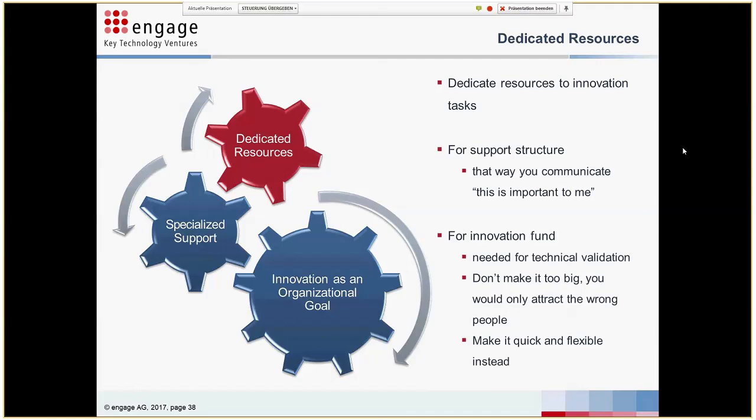And if you give scientists too much money at once, you attract the wrong people. If someone is really innovative and wants to step forward with his or her innovation, they will accept this. They take a small sum of money, do another step, maybe they get another small sum of money. That way you can also implement accountability in the process. So this is something you might want to think about.